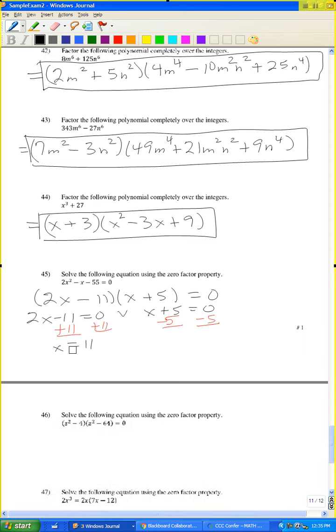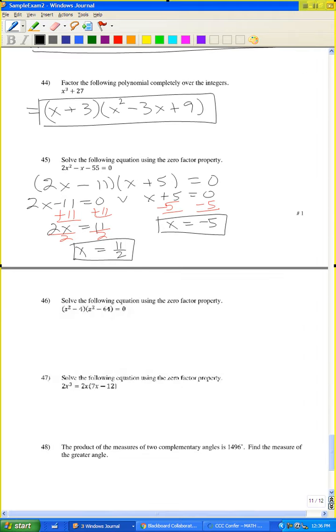Divide by 2. So x equals 11 over 2. Subtract 5, so x is equal to negative 5. So in this case, you have two solutions. x is equal to 11 over 2. x is equal to negative 5.